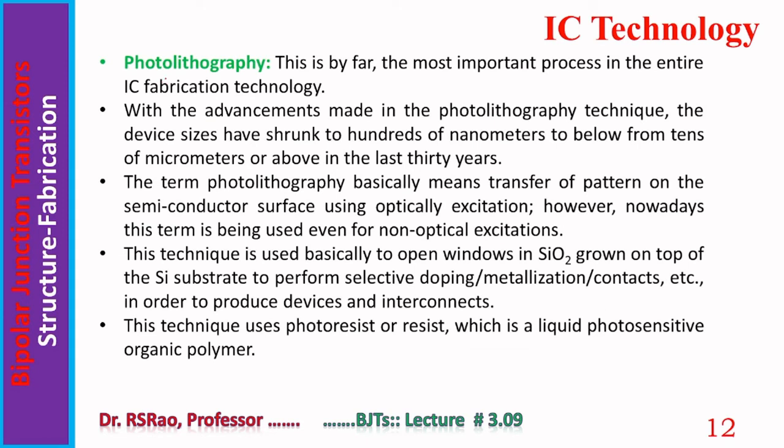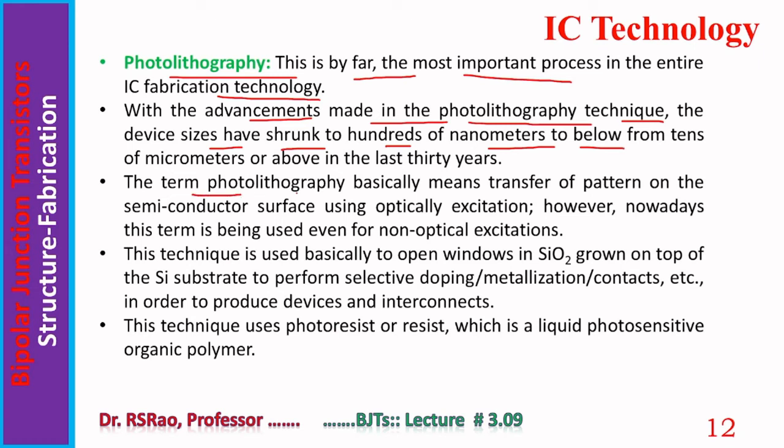Some points regarding photolithography. This is by far the most important process in the entire IC fabrication technology. With the advancements made in the photolithography technique, the device sizes have shrunk to hundreds of nanometers and below from tens of micrometers or above in the last 30 years.